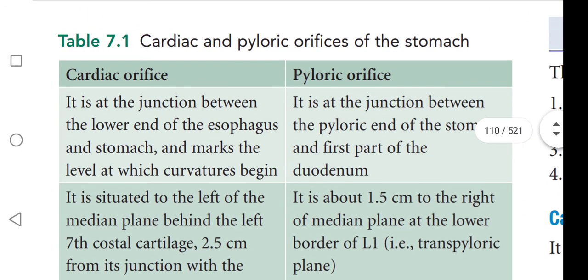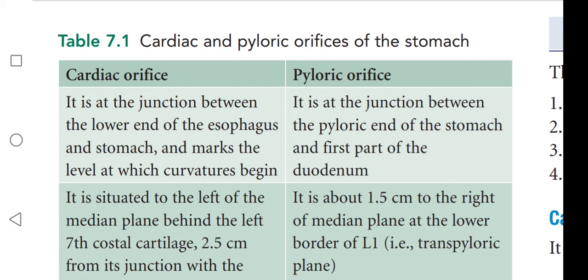This table shows the differences between the cardiac and pyloric orifice of the stomach. First, cardiac orifice. It is present at the junction between the lower end of the esophagus and stomach and marks the level at which the lesser curvature begins. Next, pyloric orifice.